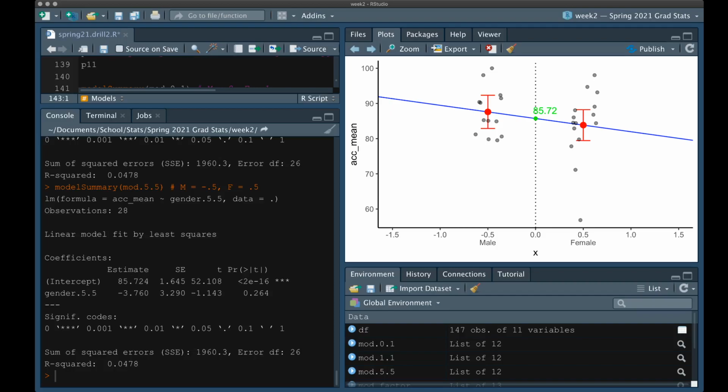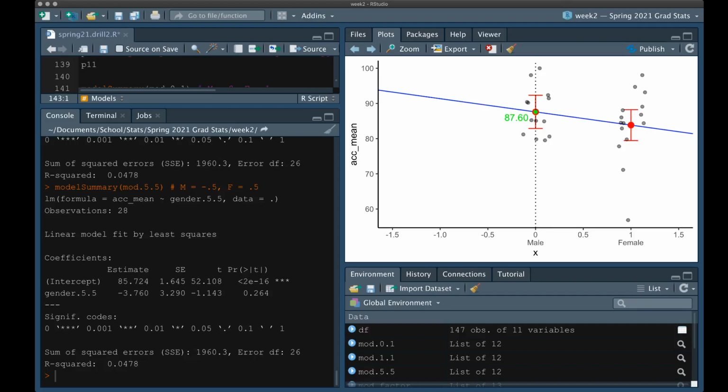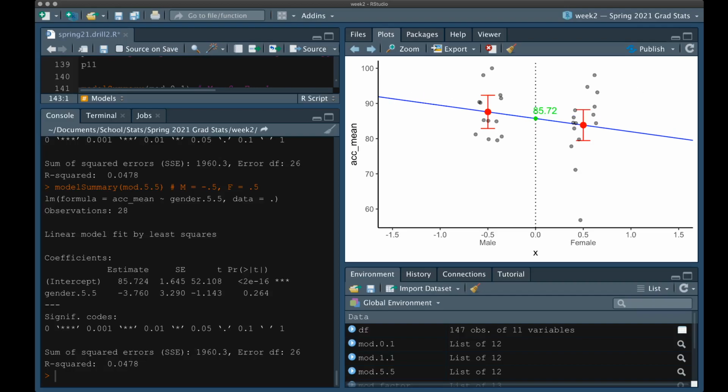The only difference again is here 87.6 is the average of the people who are coded as 0, and here, 85.72 is the average in between these averages. It is the average of averages because it is that point directly between those two groups.